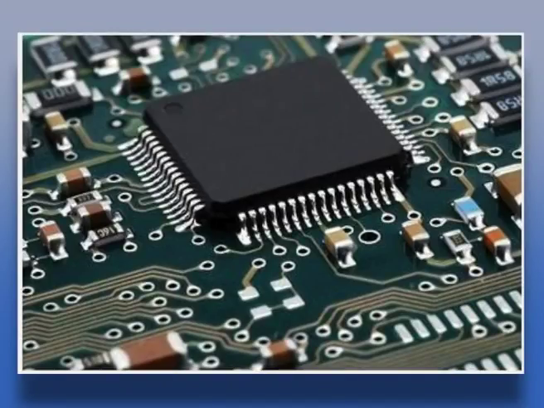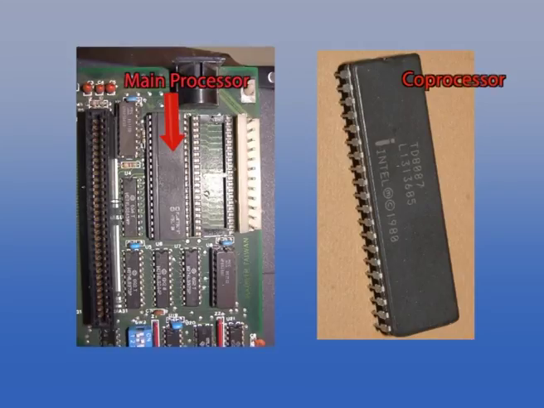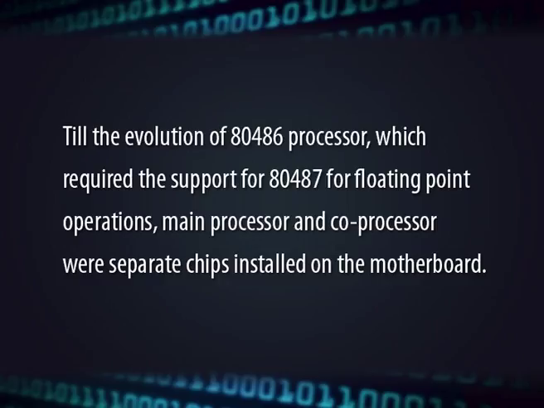Earlier, due to limitations in the VLSI technology, the coprocessor was designed as a separate chip in combination with the main processor performing the integer operations, till the evolution of the 80486 processor, which required the support of 80487 for floating point operations. The main processor and coprocessor were separate chips installed on the motherboard in such a manner that they behaved like a single processor with extended functionality of floating point operations.